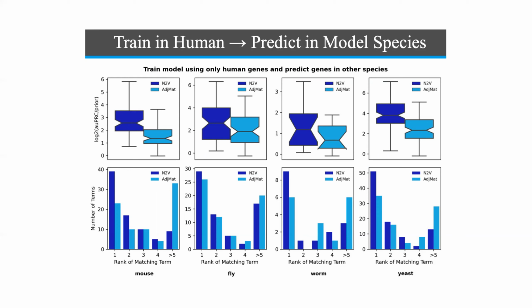The bottom row is kind of counting. If you predict on a GO term, then you see in the set of GO terms in the other species, if there's a matching one, does that matching one have a higher evaluation metric than all the other GO terms in the model species.